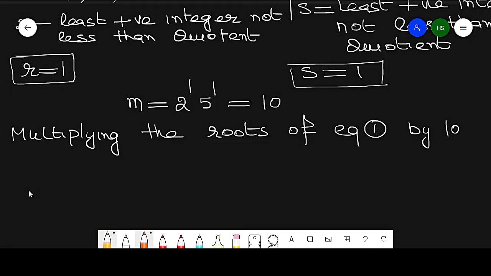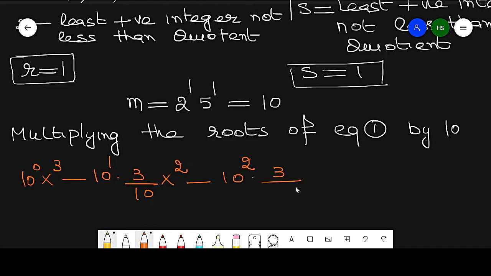So this will be written as 10 raised to power 0, x raised to power 3, next 10 raised to power 1 into 3 by 10 x raised to power 2, minus 10 raised to power 2 into 3 by 20 x, and next 10 raised to power 3 into 1 by 5, equal to 0. Now simplify this equation.